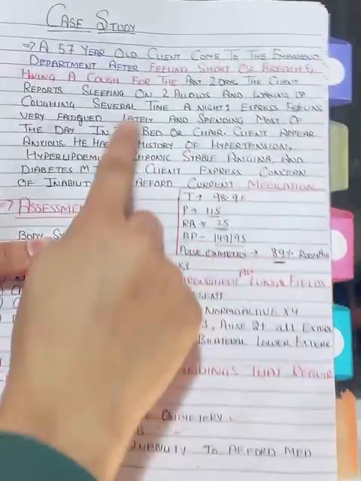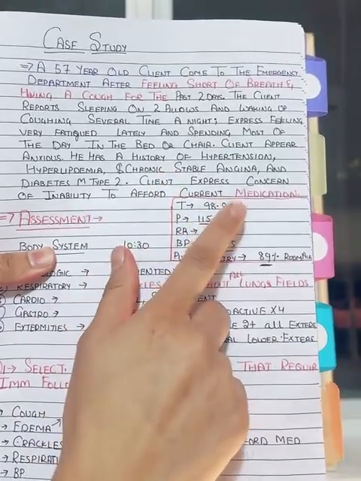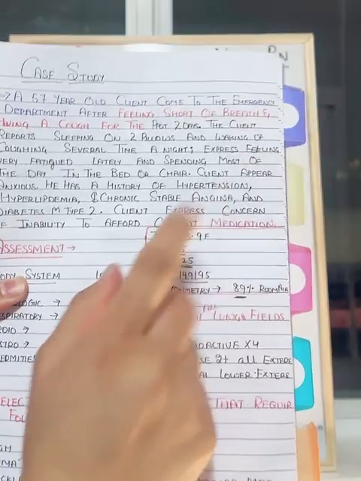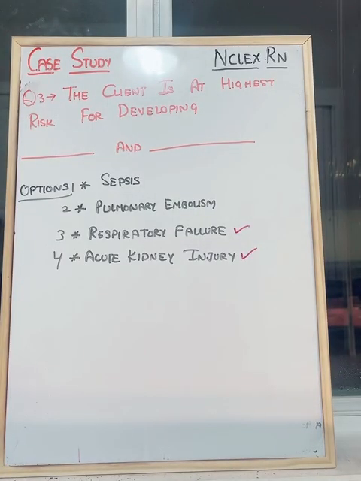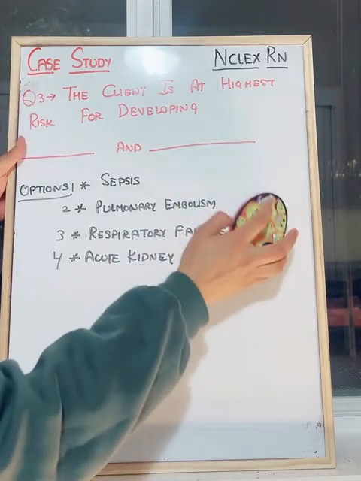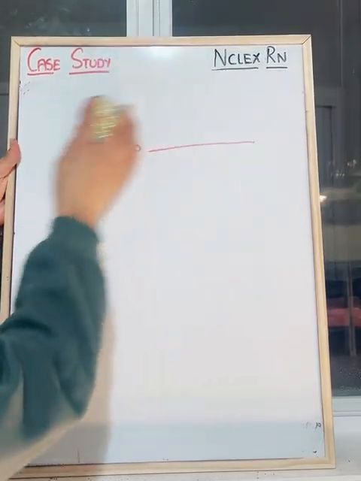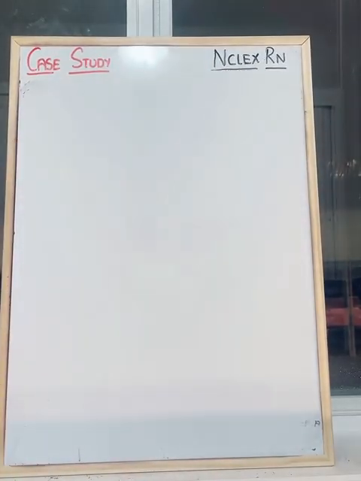Is there any sign or symptom of infection, or any changes in temperature? No. So a big no to sepsis. Now I'm going to break down these answers: respiratory failure and acute kidney injury. Just write down, guys.